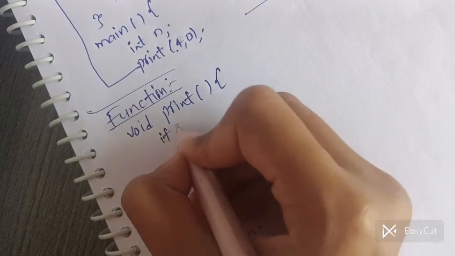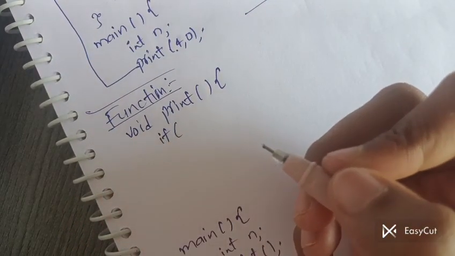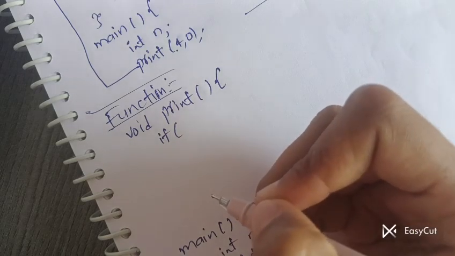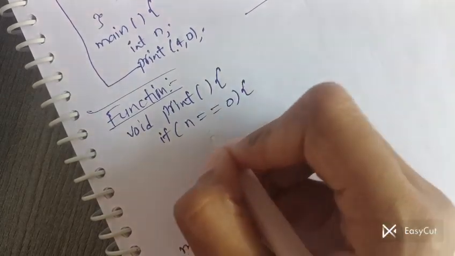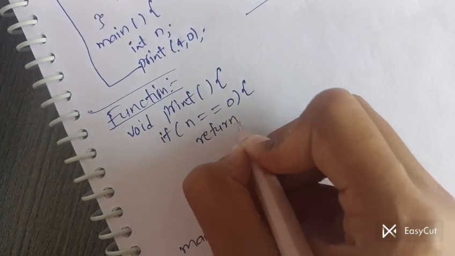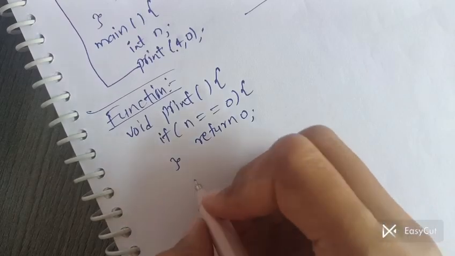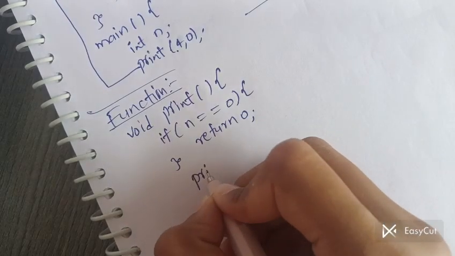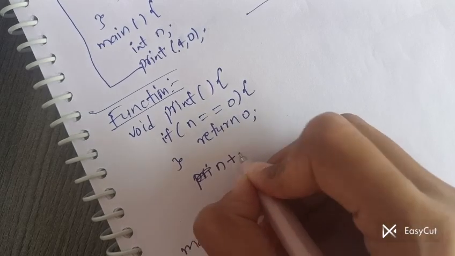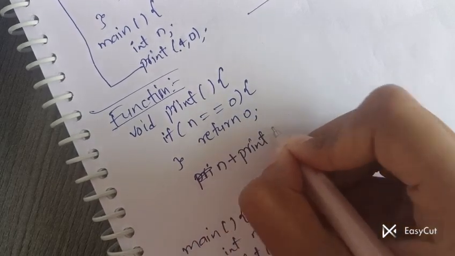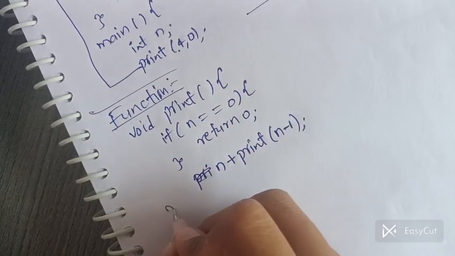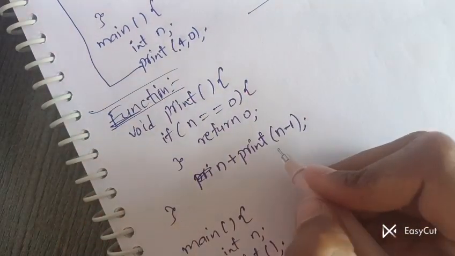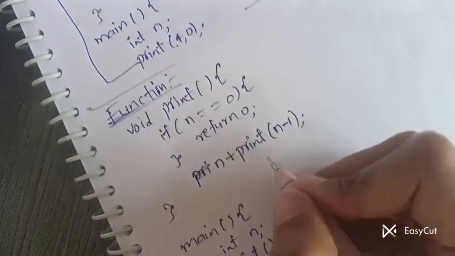So the base condition will be: if the number given by the user is equal to 0, then the sum will be 0, so we return 0. Else, we return n plus the function of n minus 1, because the functional method means we are reducing the bigger problem into a smaller problem.